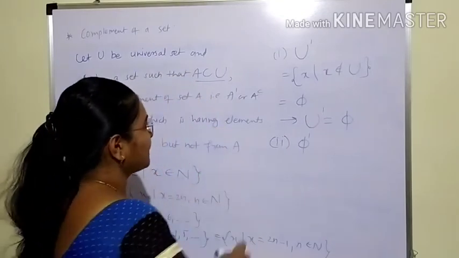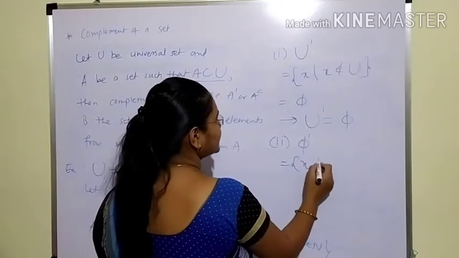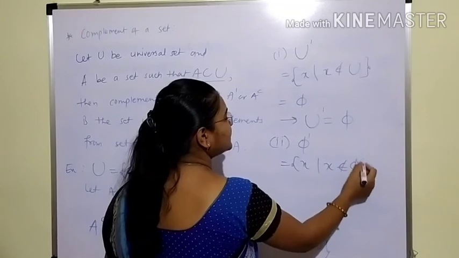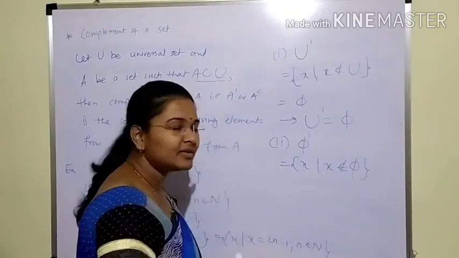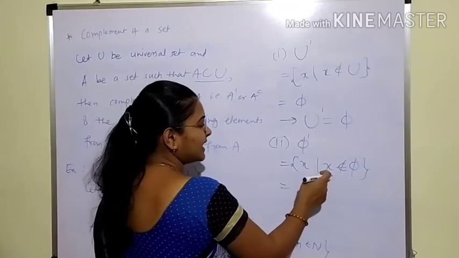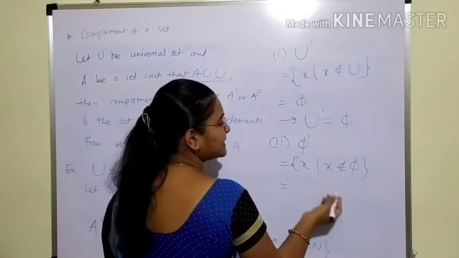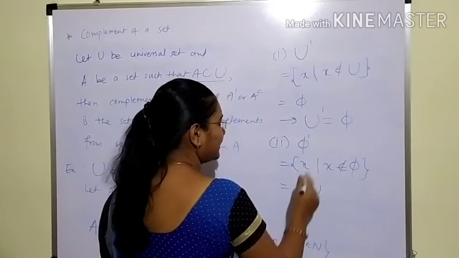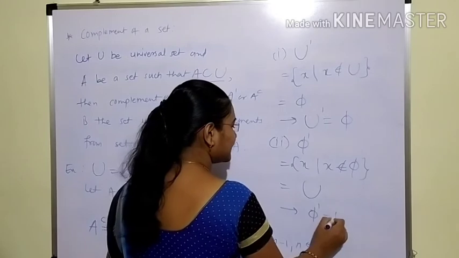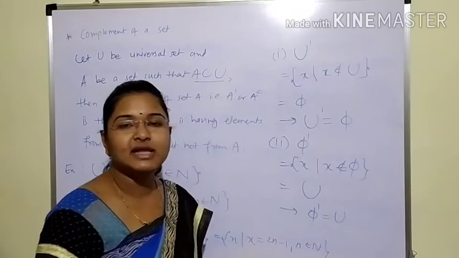So it is the set of x such that x does not belong to the empty set. Already no element is in the empty set, so x not in the empty set means x is present in the universal set. So the complement of the empty set is the universal set.